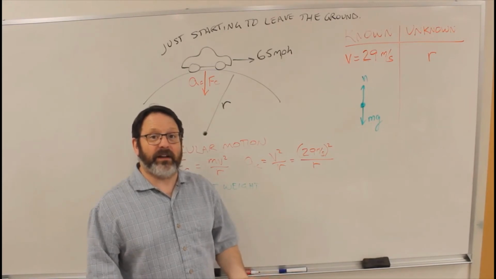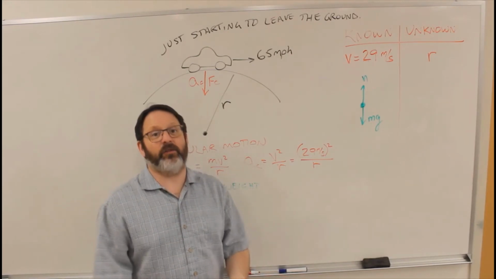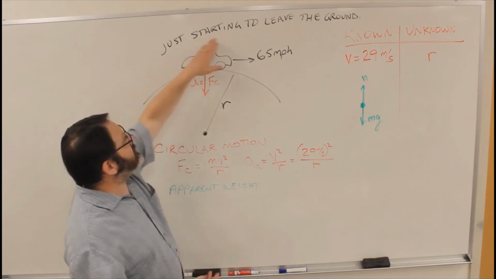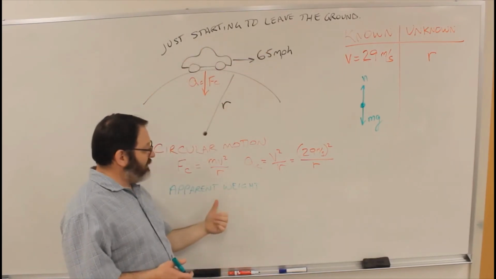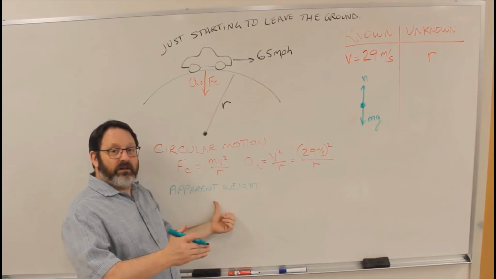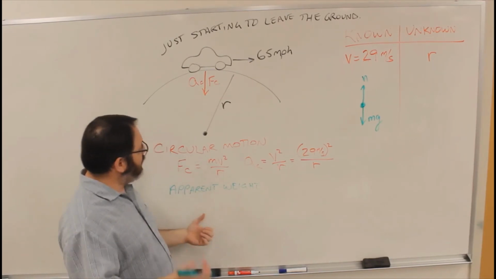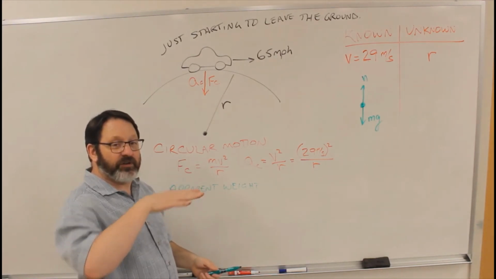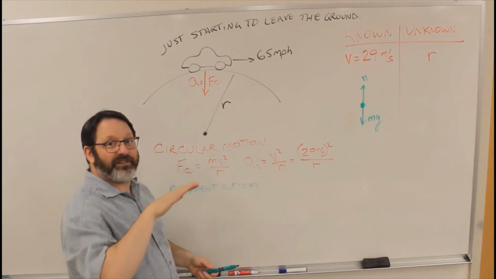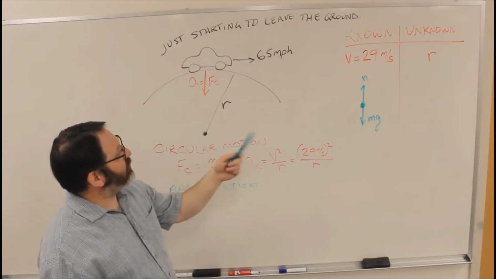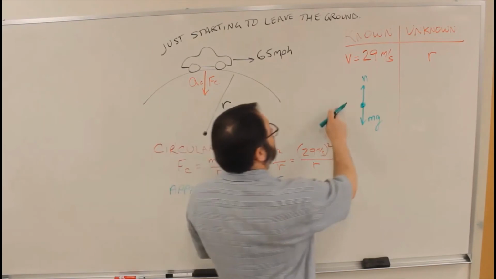If I'm in an elevator that's accelerating down or accelerating up, it'll be different. If it's just starting to leave the ground, that means your apparent weight is 0. So if your apparent weight is 0, that means the ground isn't actually pushing up on you at all. You're just floating across the ground there, just starting to leave it. That means the normal force is 0.